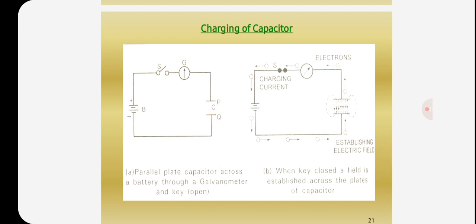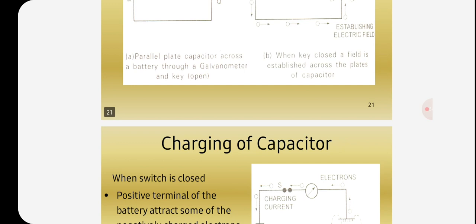So, in this diagram, it is the parallel plate capacitor across a battery through a galvanometer and key. When the key is closed, a field is established across the plates of the capacitor.